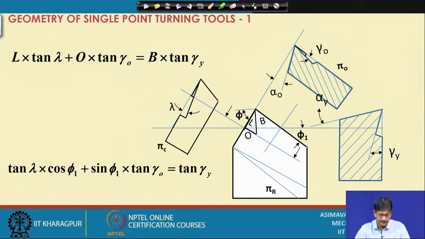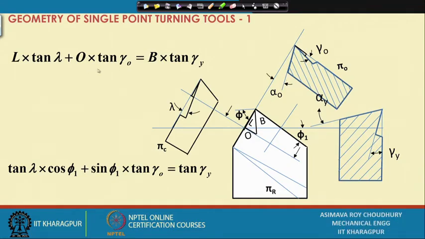So, first of all, the vertical distance covered by this segment must be L tan lambda. So, we write L tan lambda. The vertical distance covered by O must be O tan gamma O, this way, and the vertical distance covered along this direction, along the transverse direction, must be B tan gamma y.